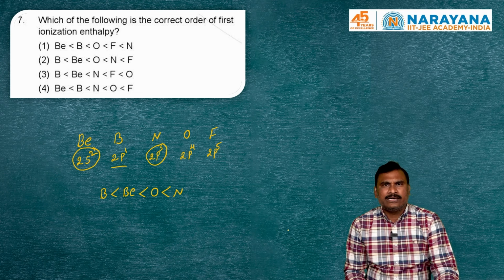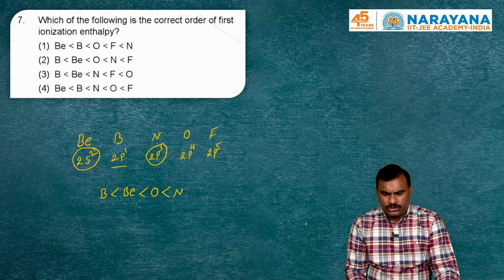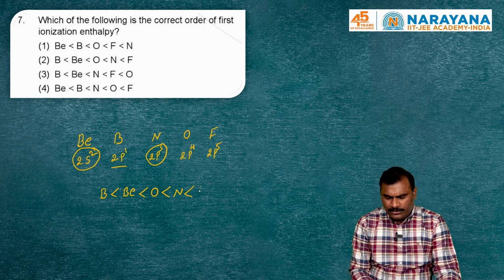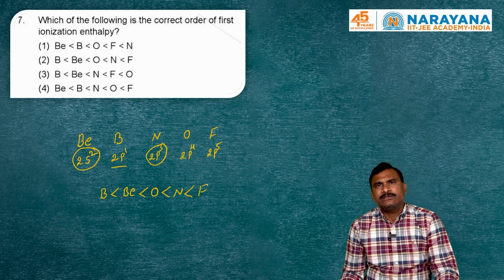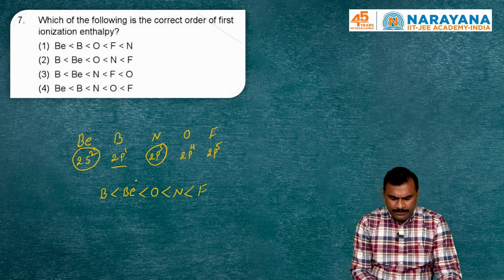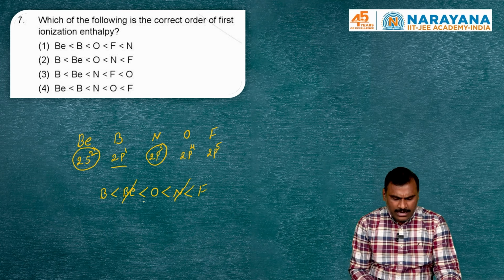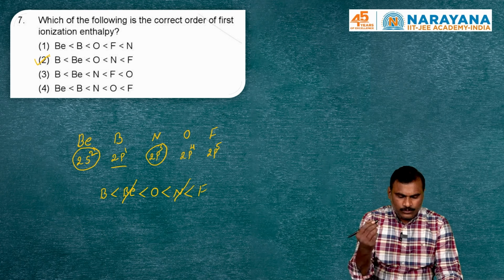Half-filled or fully filled degenerate orbitals are stable. That is why nitrogen has a stable electron configuration rather than oxygen. And from nitrogen to fluorine, again effective nuclear charge dominates. So beryllium and nitrogen are the exceptions. Therefore, the answer should be 2.